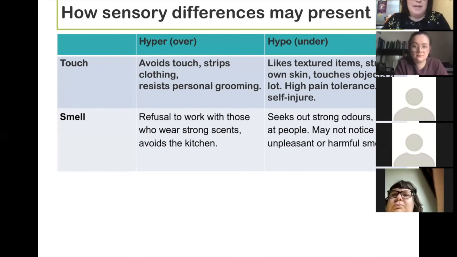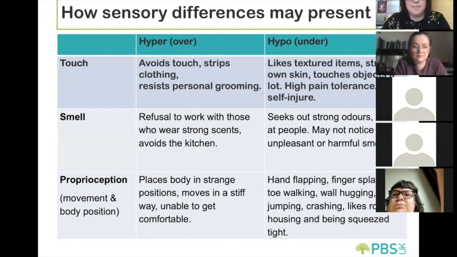So there's some examples. Moving into those other three senses. Again, we're looking at movement, body position, where our body is in space with this sense. People who are oversensitive in proprioception might start to put their bodies into strange positions. They might move in a stiff way or find it difficult to get comfortable.